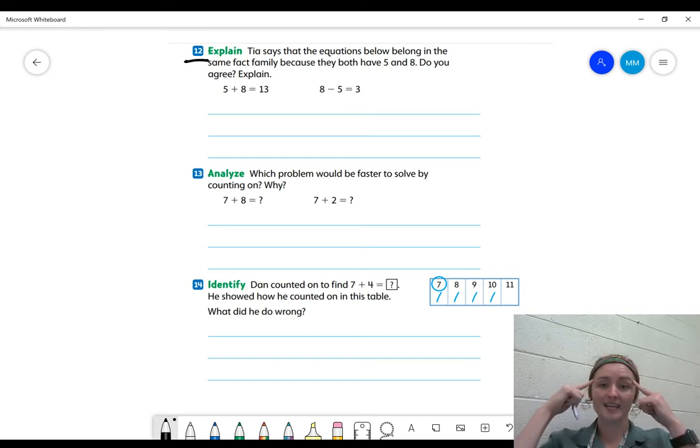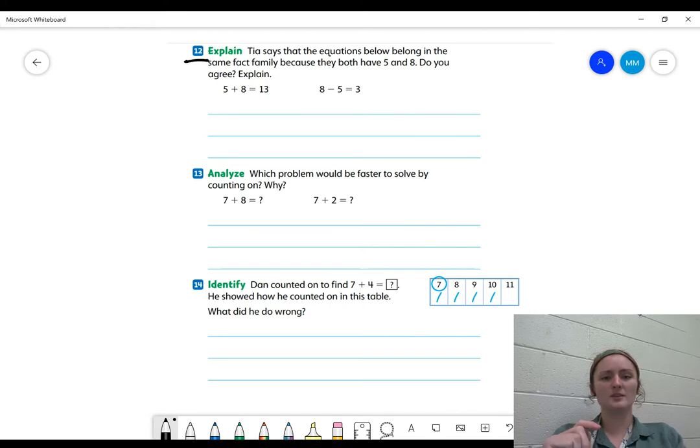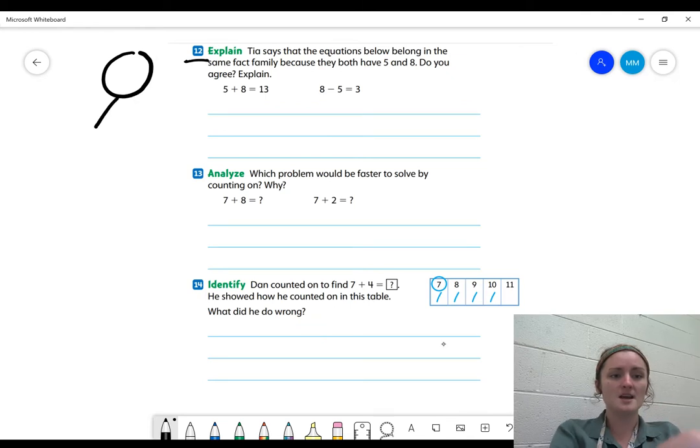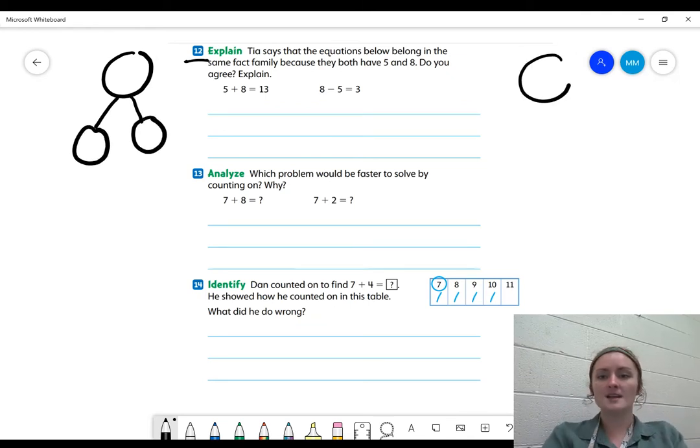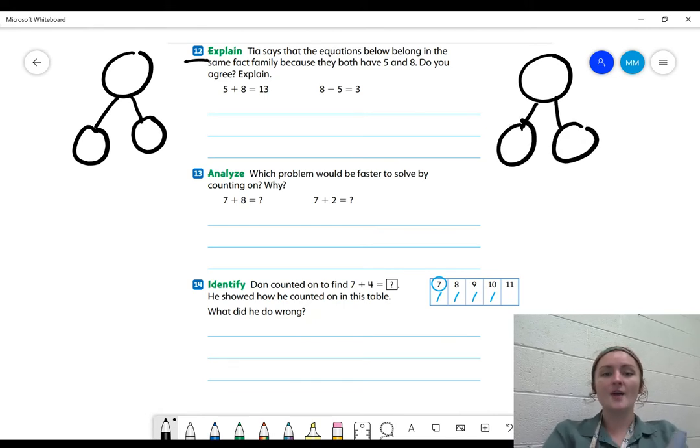I'm going to think out loud, and then I want you to tell me with your written words. So I'm looking at both of these number sentences, and what I am going to do is make two number bonds. So I'm going to make a number bond over here and a number bond over here. Now, I don't have any missing parts in these number sentences.